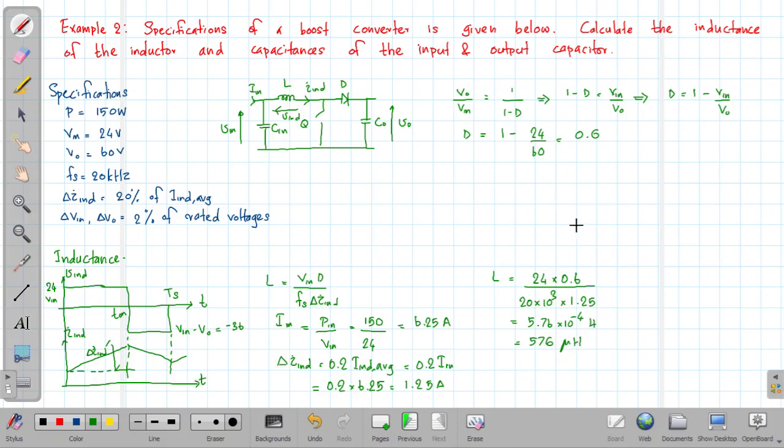Then we need to calculate the capacitances of the input and output capacitors. First we will consider the input node.